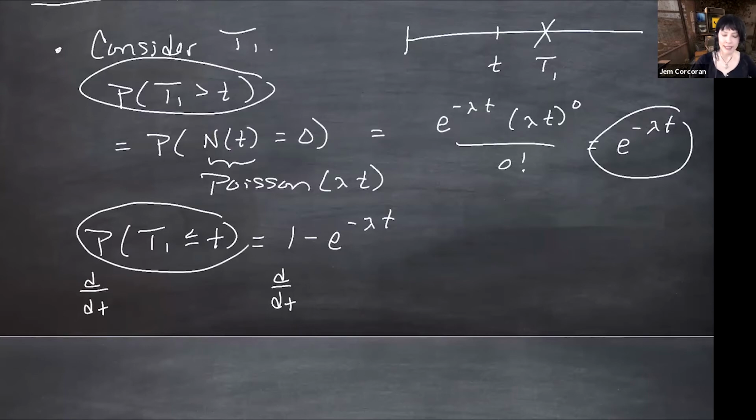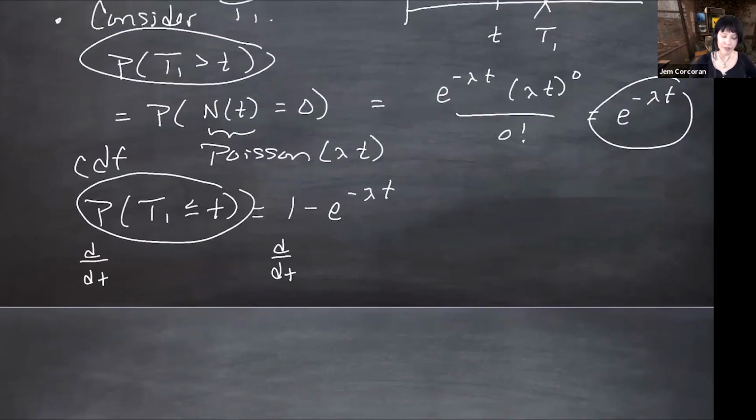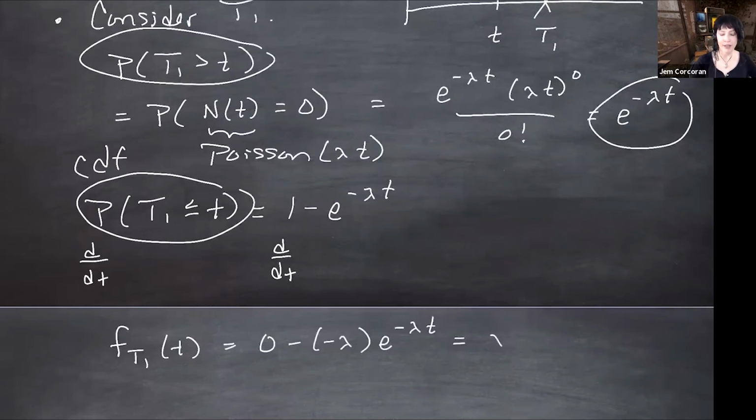This thing is the CDF, the cumulative distribution function, so if I take the derivative, I get the PDF for T1. On the right side, I get 0 minus lambda e to the minus lambda t, so I get positive lambda e to the minus lambda t. And now you definitely recognize the exponential PDF.